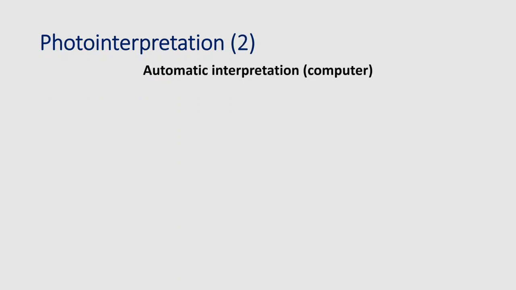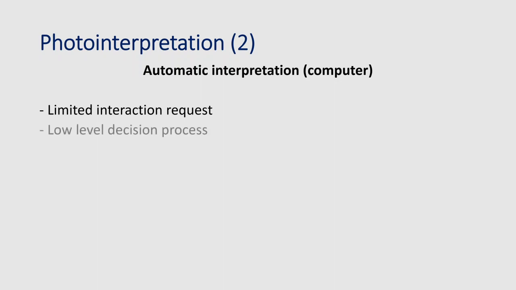Well, when we are instead dealing with automatic interpretation, what we can do with our computer, our software and the different algorithms, we can say that we have a very limited interaction request. The computer or the software is able to perform most of the activities by itself.